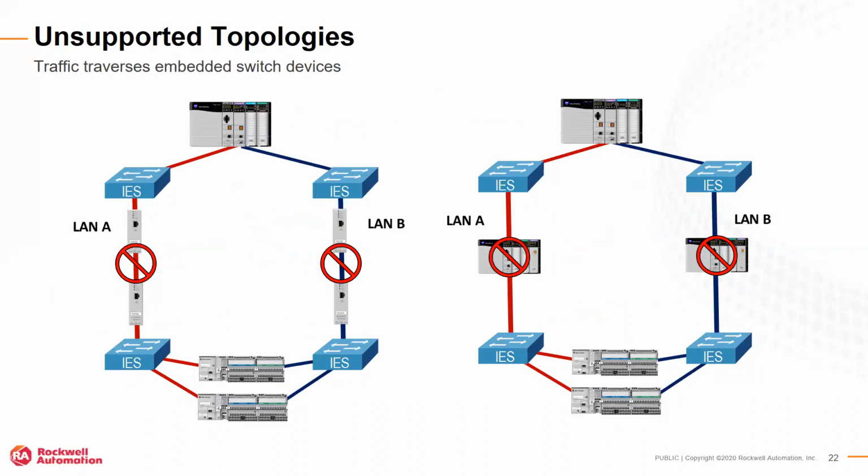And some other examples of unsupported topologies would be LAN A and LAN B connected between themselves through something like a bridged Ethernet module in a Logix chassis or an ETAP.